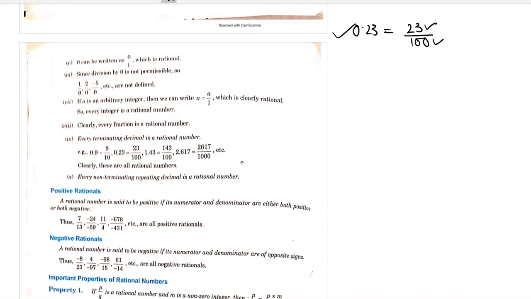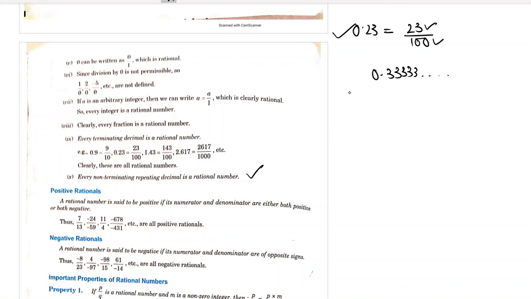And they've said one more thing. Every non-terminating repeating decimal is a rational number. You can take an example of 0.33333, and it goes on and on and on. Have you seen such numbers?